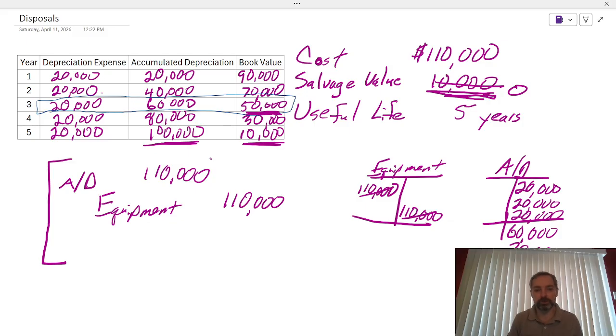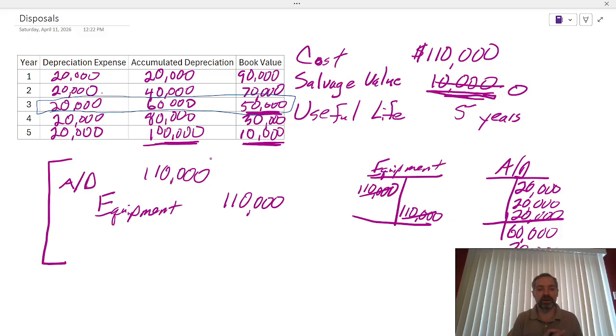Some things I want to point out here. When we credit the equipment, whenever we get rid of equipment, we have to get rid of whatever is associated with it, which usually is the accumulated depreciation. So if we get rid of equipment, we also got rid of the associated accumulated depreciation. And ask yourself, is there any cash?